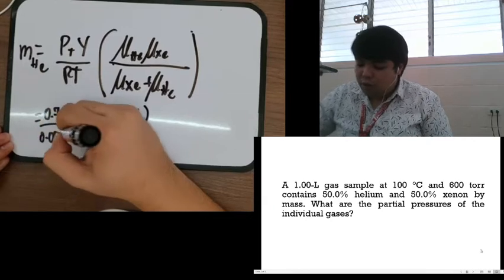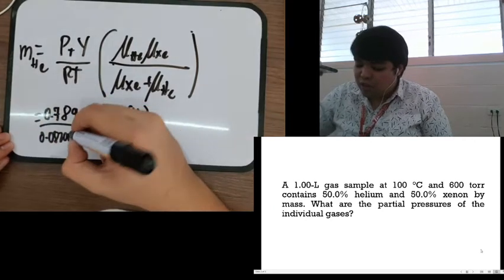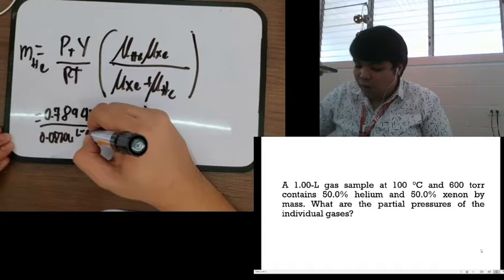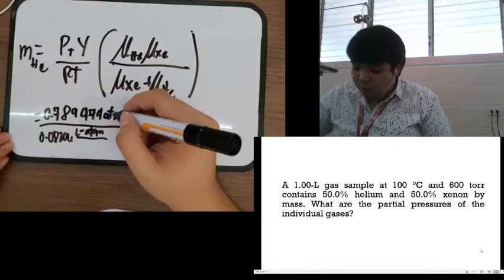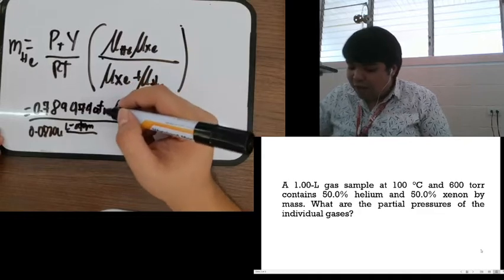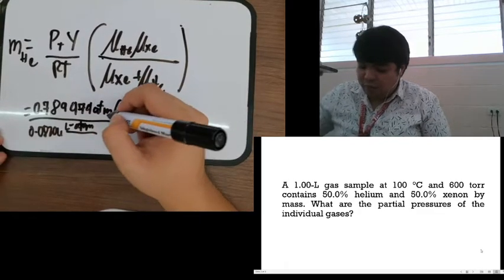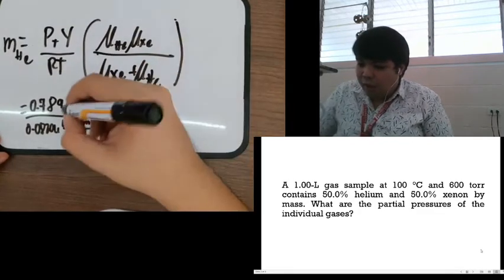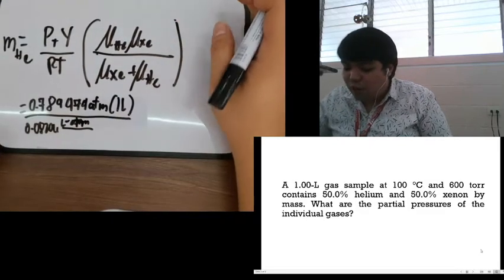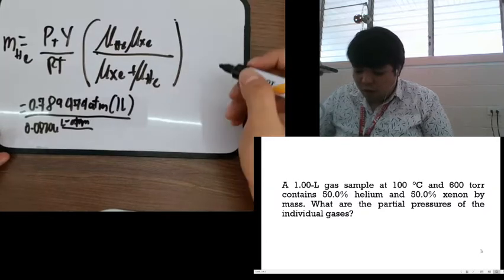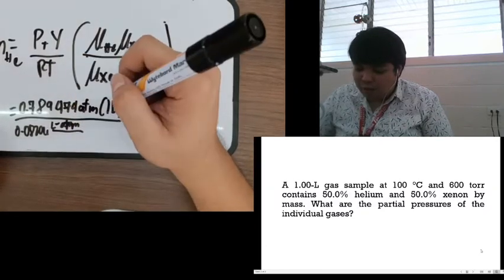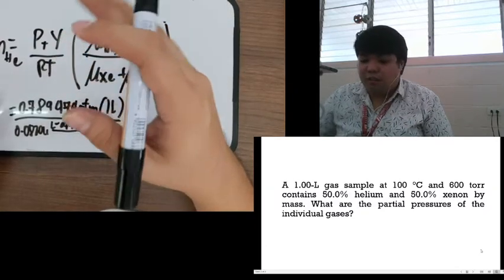Guys, don't forget your units because you won't know if your manipulations of the equation are correct or wrong. The purpose of this is that you cancel out all your units, and when the unit that is left is the unit of the unknown, then that means your manipulation of the equation is correct, okay?